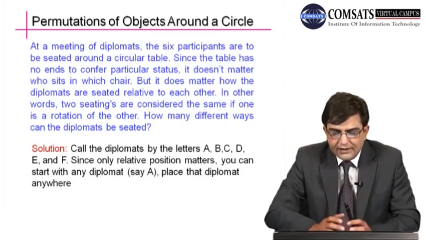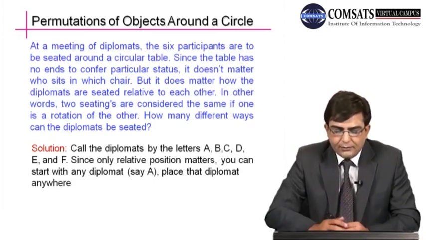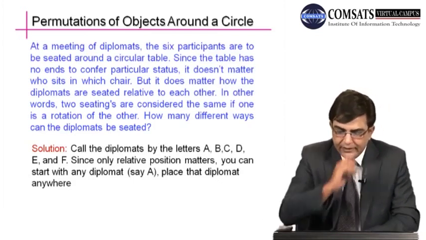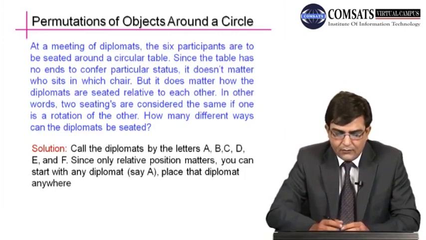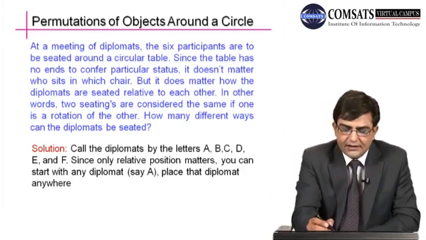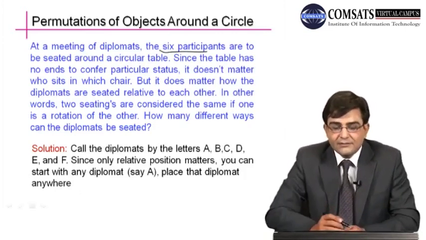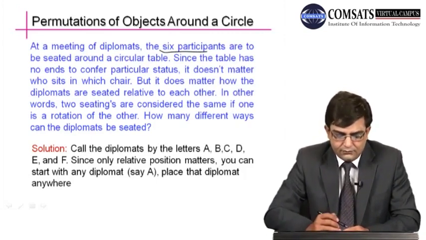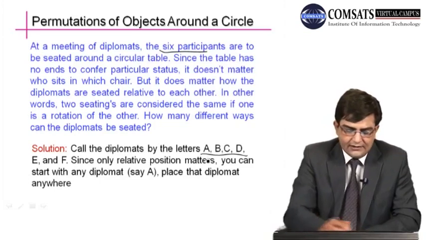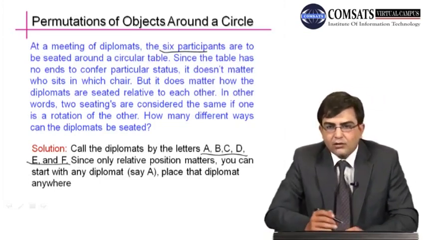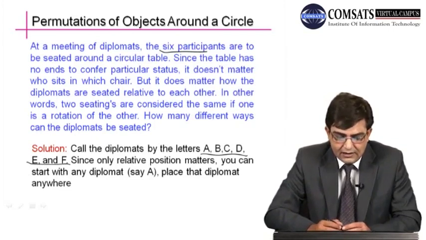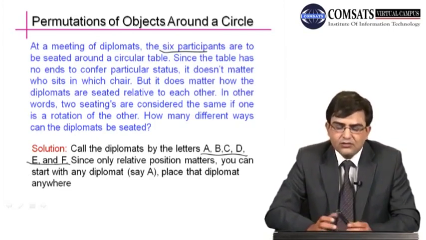To calculate the permutations, we suppose that the 6 diplomats sitting around the circular table in that meeting are A, B, C, D, E, F.